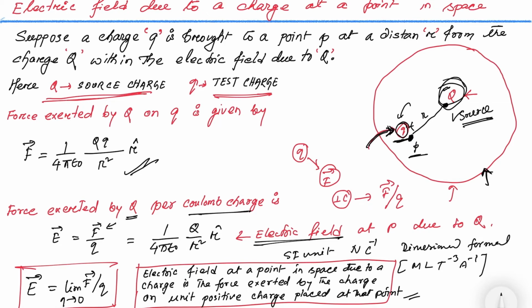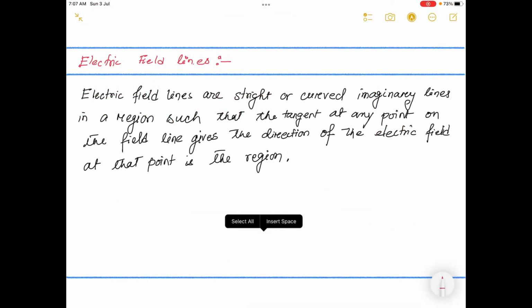I hope you have understood this topic. Now let's move on. Now let us discuss electric field lines. These are straight or curved imaginary lines in a region such that if you draw a tangent at any point on a line, it gives the direction of the electric field at that point in that region.